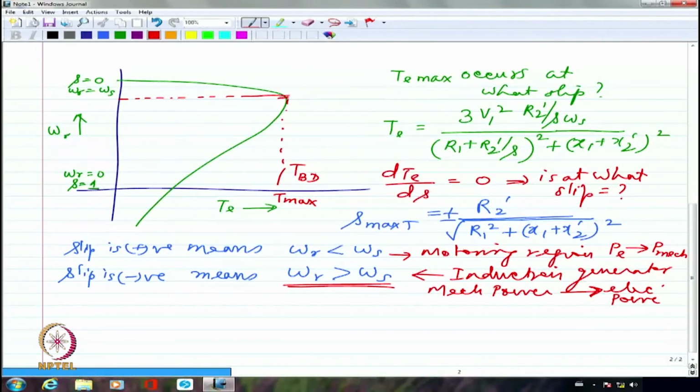So for that voltage and that frequency, it is kind of set in stone for a given induction motor because it depends heavily upon the parameters of the induction motor. And this is S max T. Slip is increasing in this direction. I hope you understand. Slip starts from 0 and goes towards 1 in the opposite direction to that of the speed. So the slip is increasing in this particular direction.